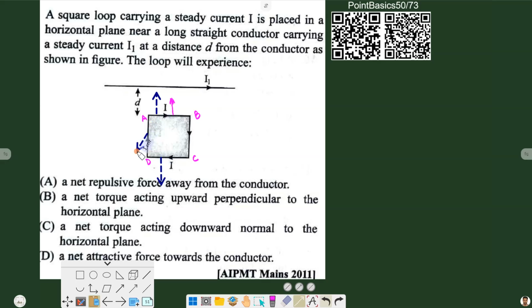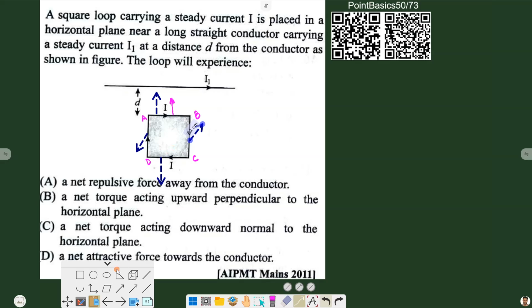AD and BC will also experience some force, but those forces will be equal and opposite. They will produce torque, but if we discuss the amount of force, they are equal and opposite, so as a whole that will be zero.